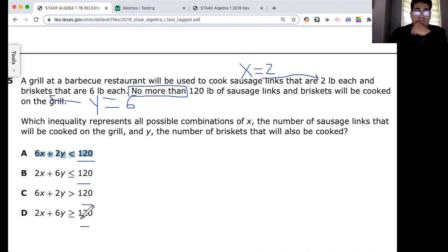So do we have any that we can throw away? Sausage is X, and they're 2 pounds. Briskets are Y, and they're 6 pounds.